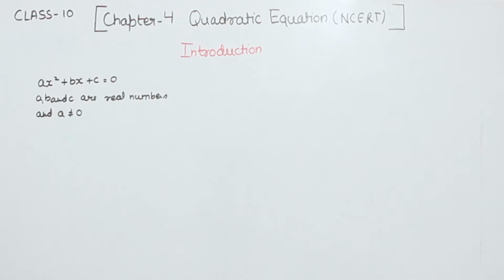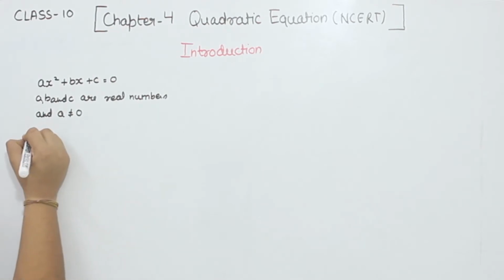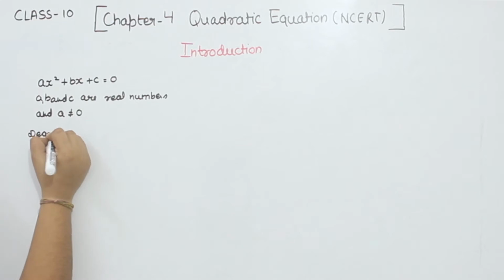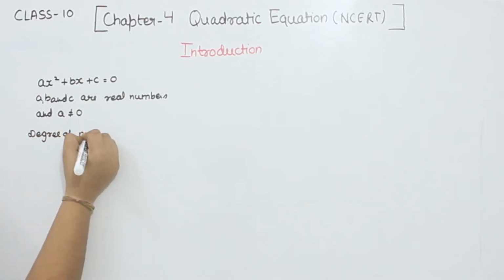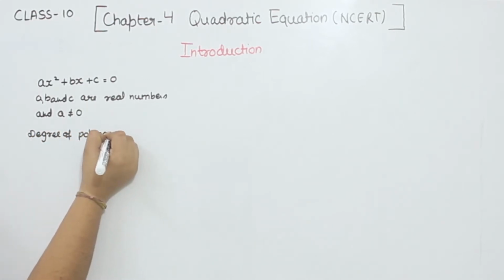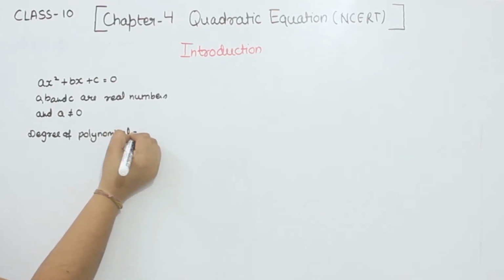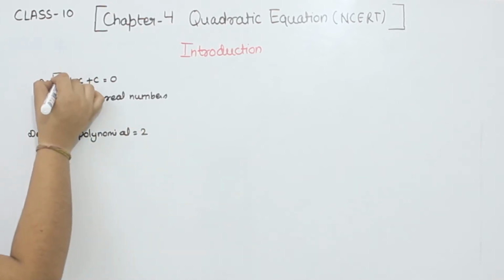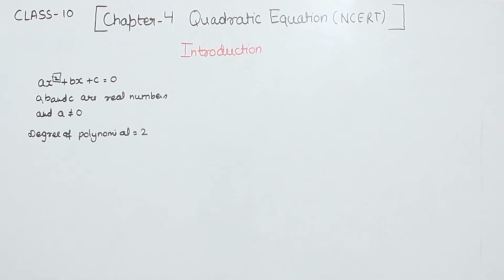In the quadratic equation, the degree of the polynomial is equal to 2. That is, the highest power is 2.